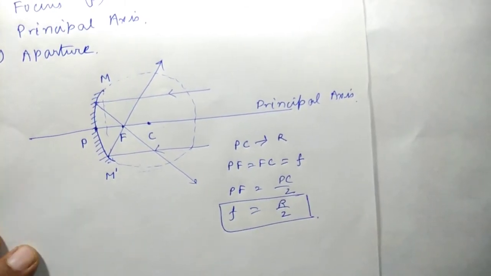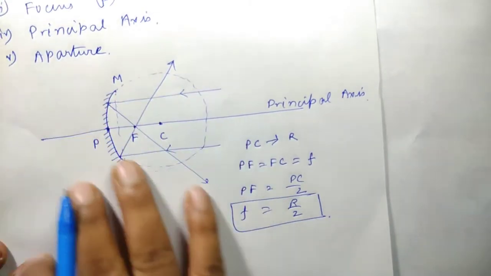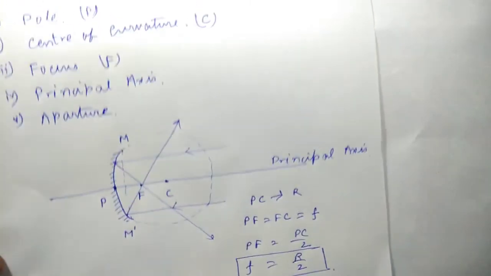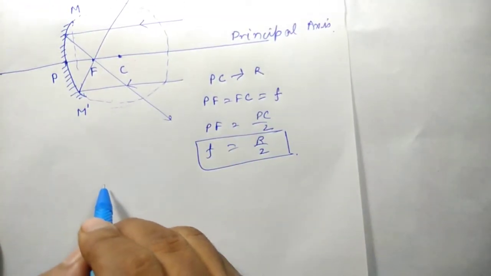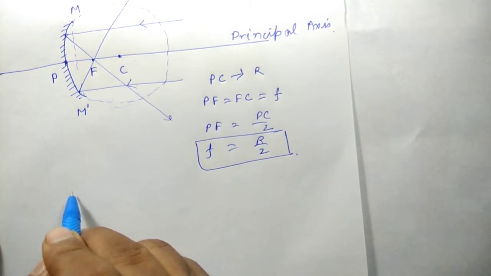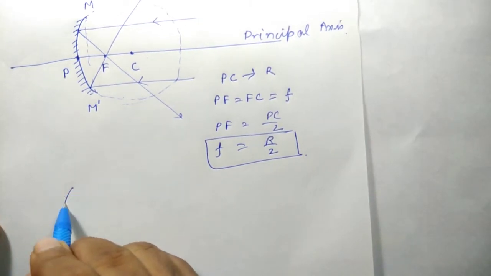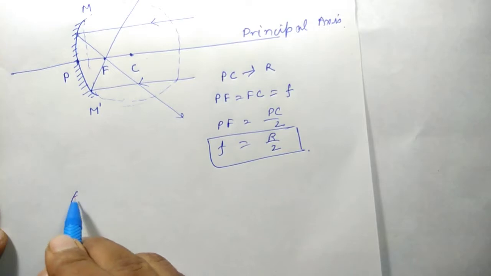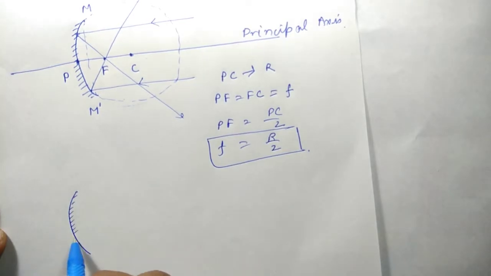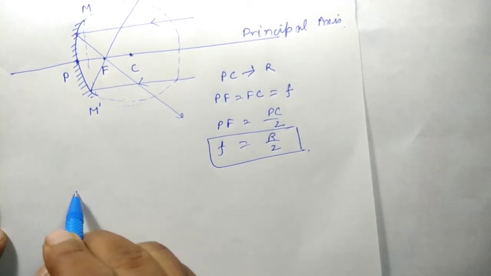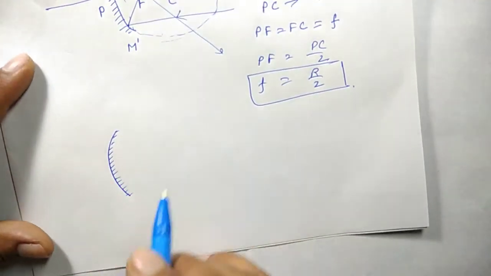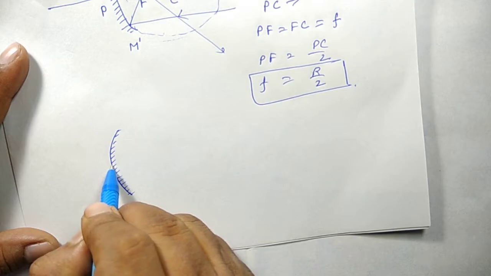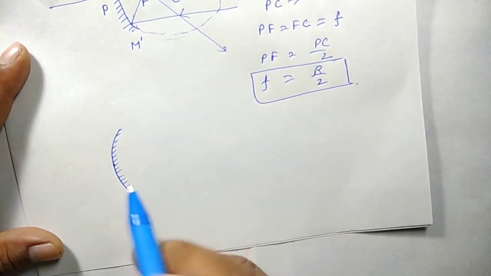Okay, so let's draw the same picture, same terms in case of the convex mirror. We will draw a convex mirror here whose reflecting surface is the outer surface of the curvature. Again, the pole will be the center of the reflecting surface.